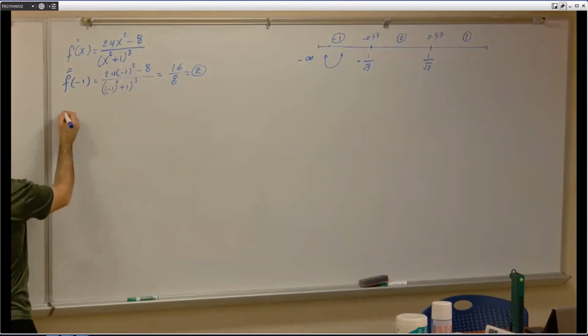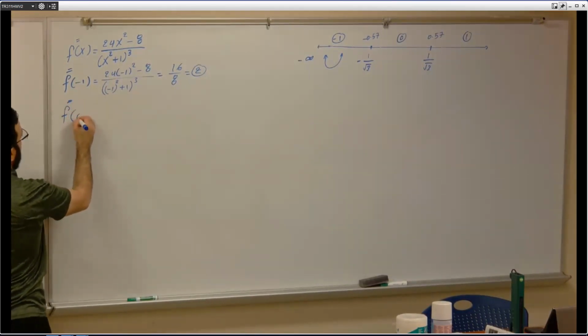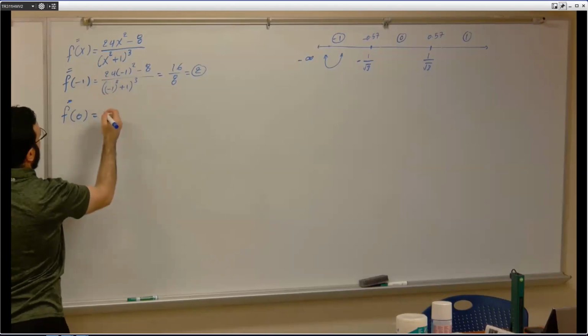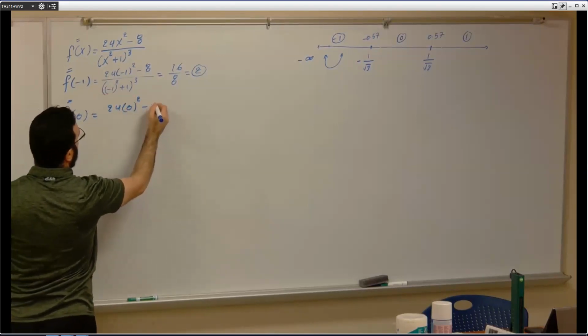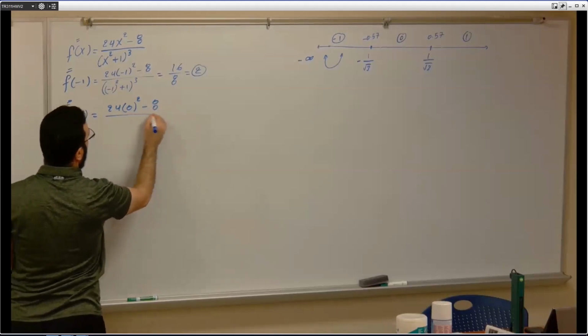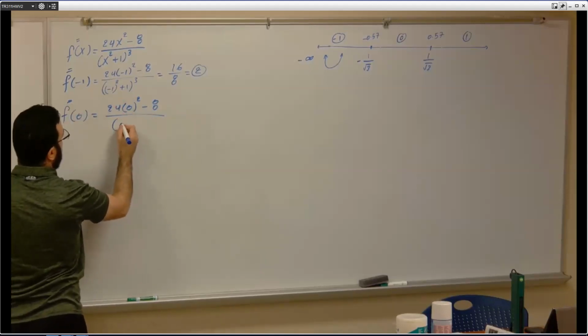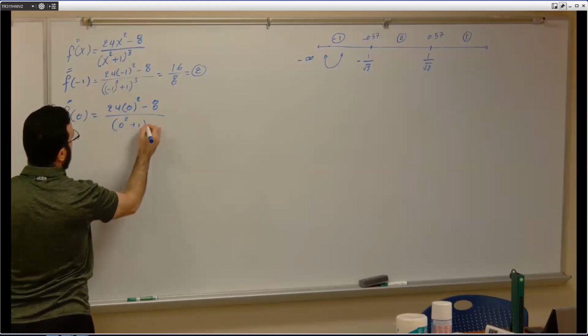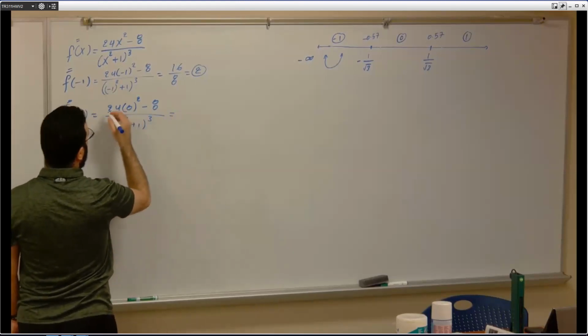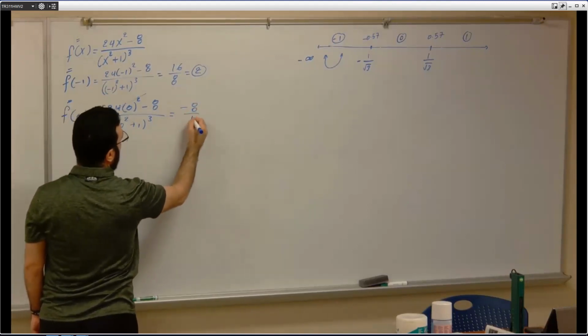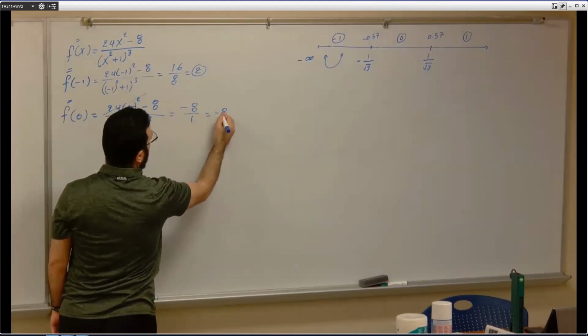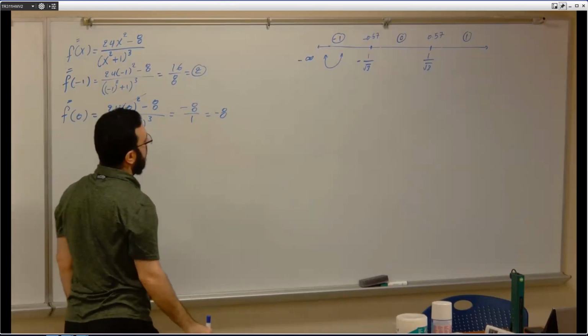Plugging in 0: f double prime of 0 is going to be equal to 24 times 0 squared minus 8 over 0 squared plus 1 cubed. This is 0, so -8 over 1, which is equal to -8. So this one is coming here, down.